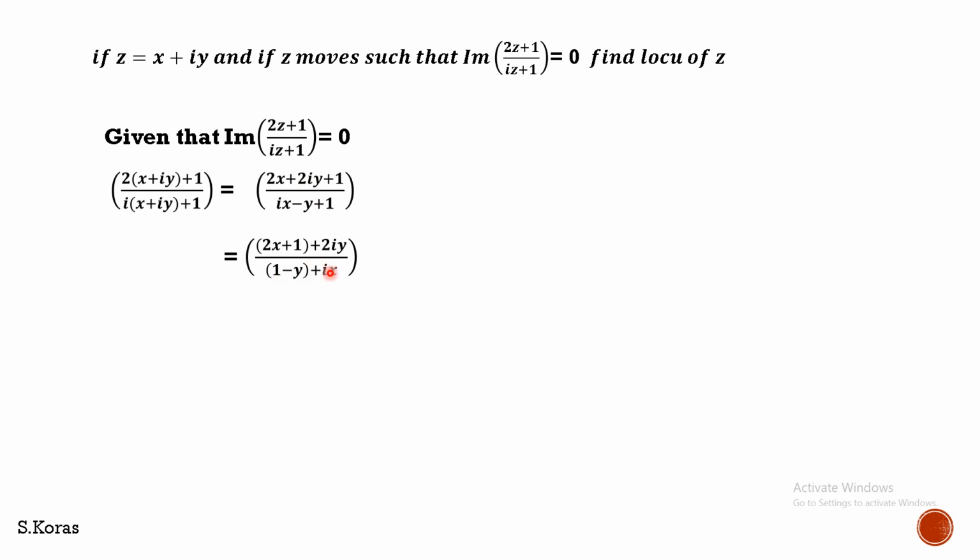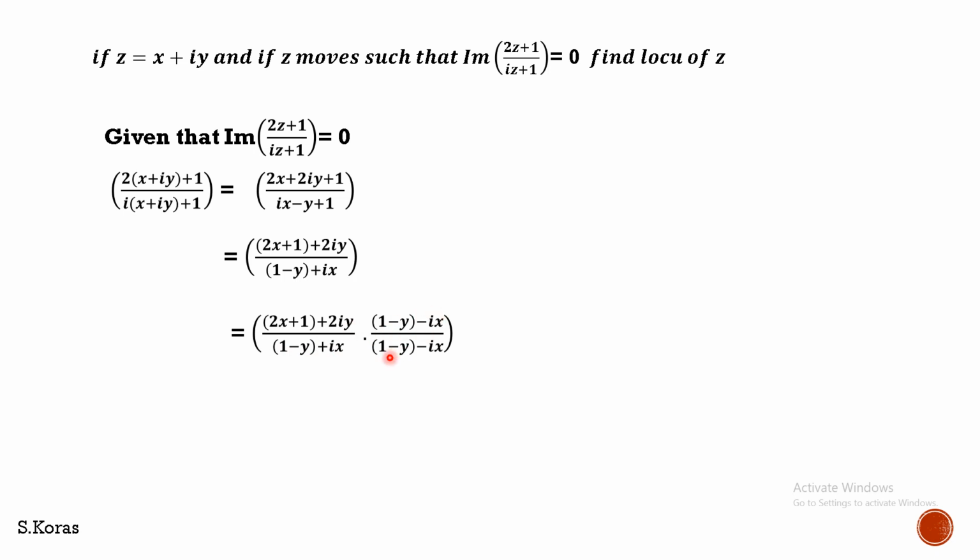So let us take the conjugate of this expression and multiply the numerator as well as the denominator by that same complex conjugate. So your result will be 2x plus 1 plus 2iy divided by 1 minus y plus ix, into the same conjugate, that is 1 minus y minus ix. With that same, we are multiplying the numerator as well as the denominator, so the value will not change.